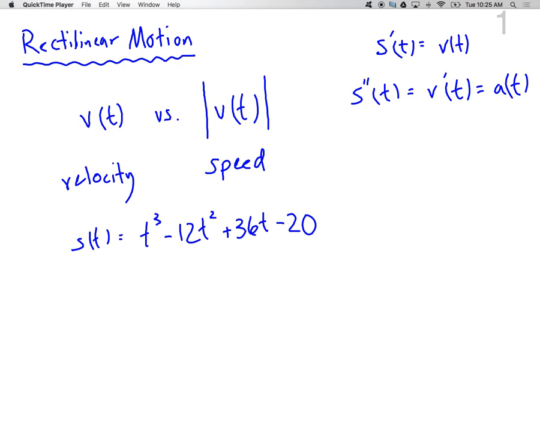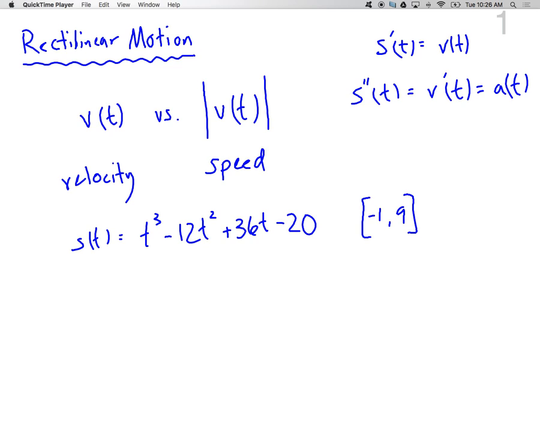And you're going to be asked to describe the motion of that particle on the interval from -1 to 9. So what does it do? What direction is it traveling at one interval? Where does it turn around? When is it going the other direction? That kind of stuff.